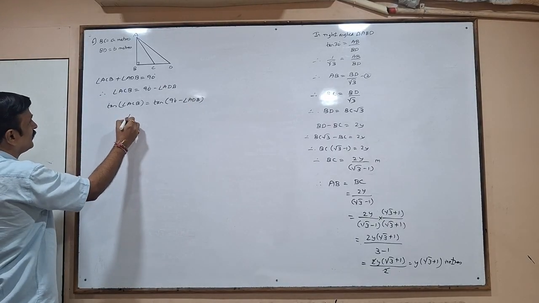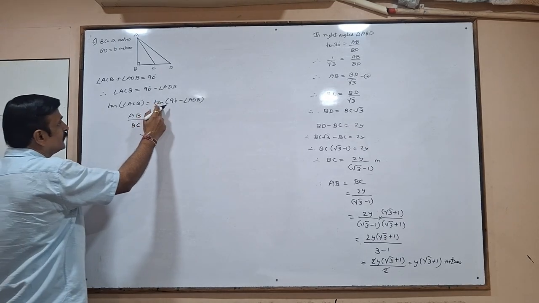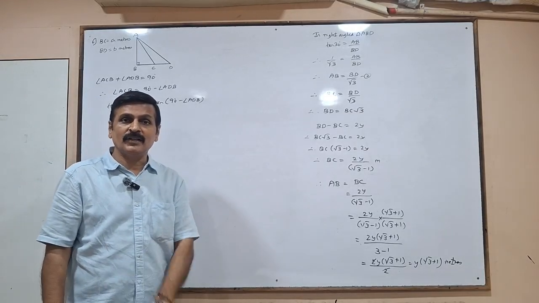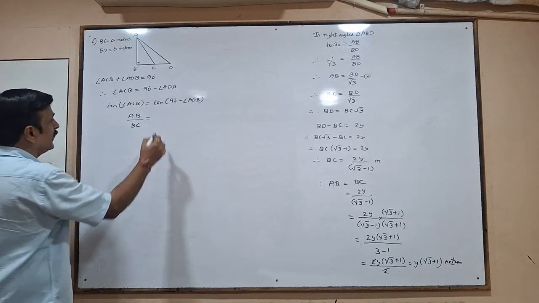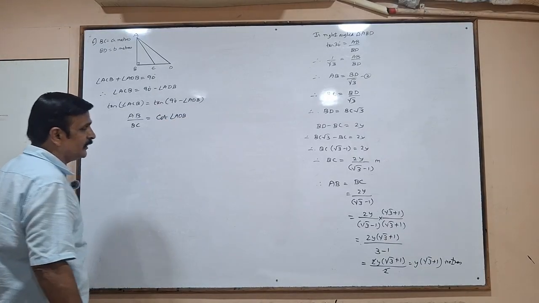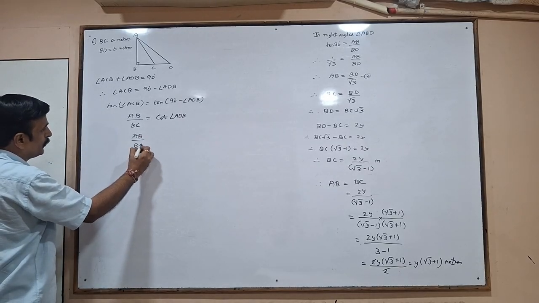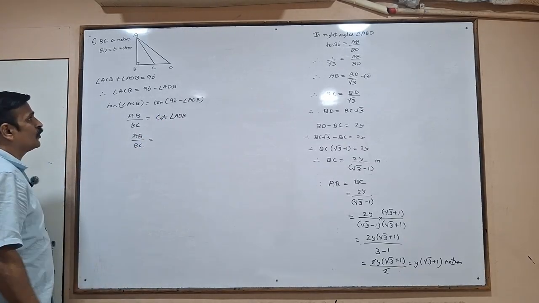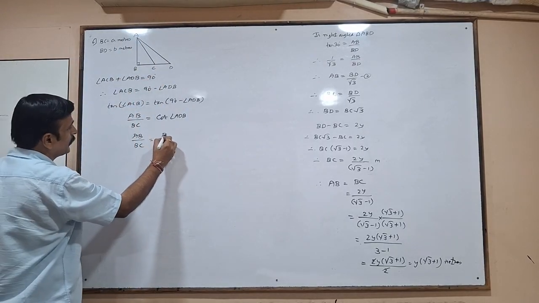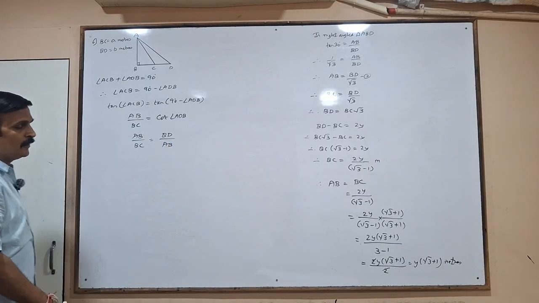Tan of angle ACB is AB upon BC. Now tan of 90 minus theta, complementary angles studied in 9th standard. Tan of 90 minus theta is cot theta. So AB upon BC, cot of ADB will be base upon perpendicular.